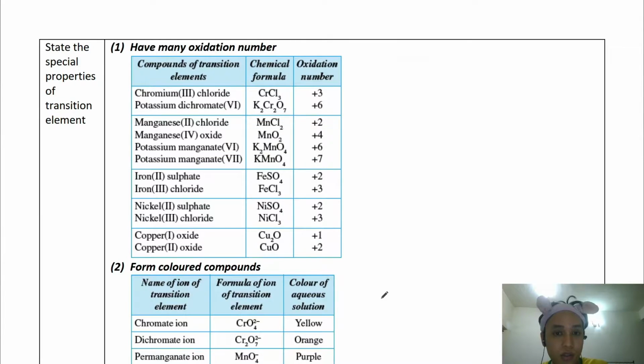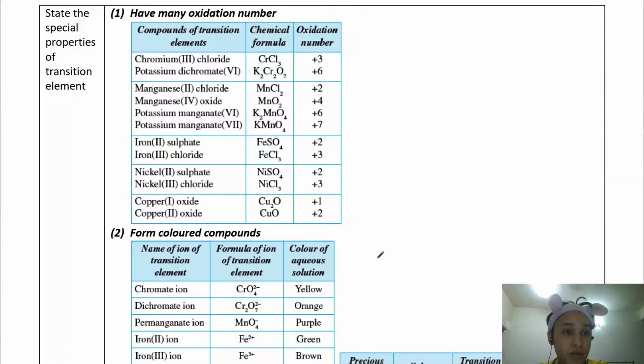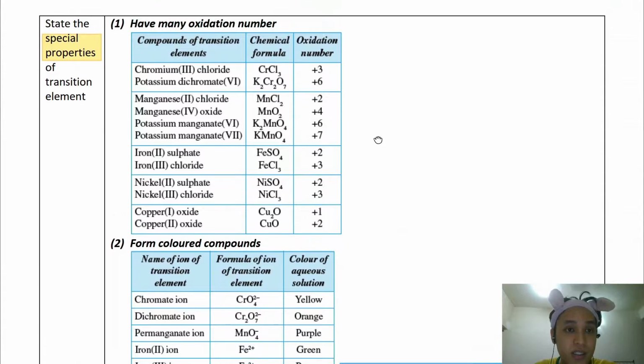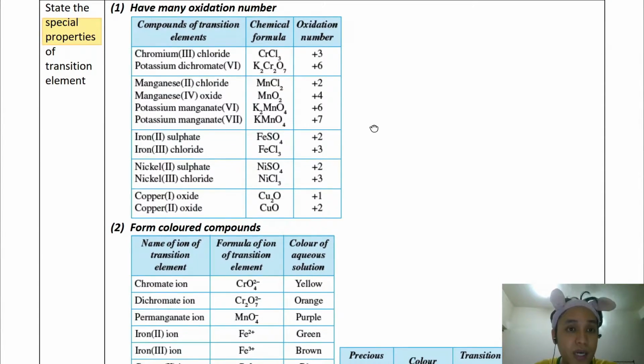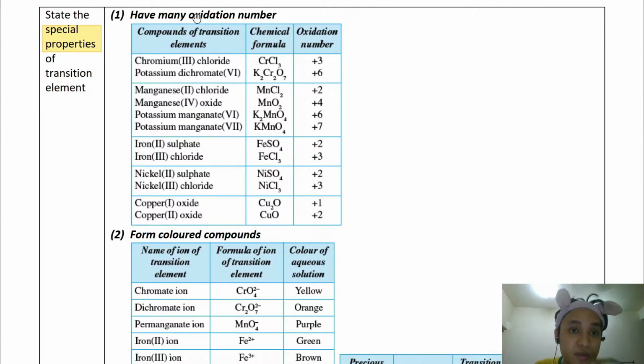So let's just look at the part here. Special properties, you must know this. Special properties for transition elements. The four that I highlighted just now: you have many different oxidation numbers. This one is for chromium, plus 3, plus 6. So technically, for chromium you can get either 3 plus or 6 plus.